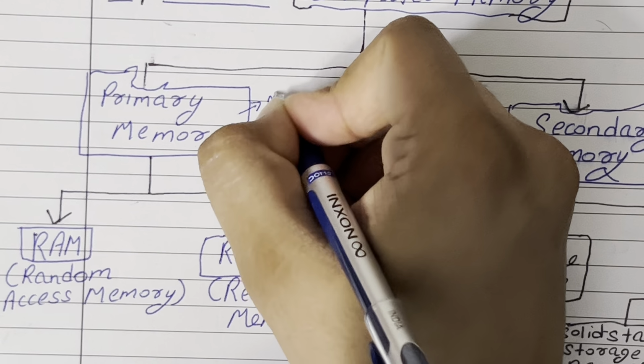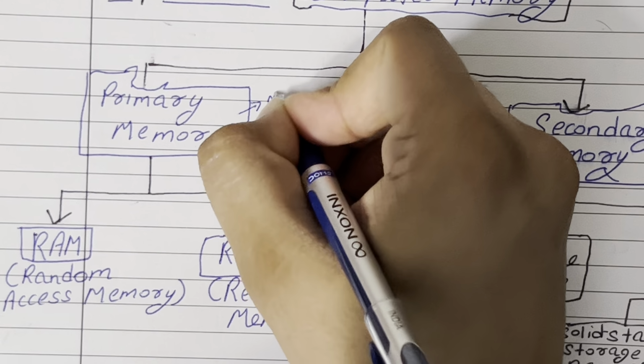Apart from that, unlike secondary memory, primary memory is designed mainly for active processing rather than permanent storage.